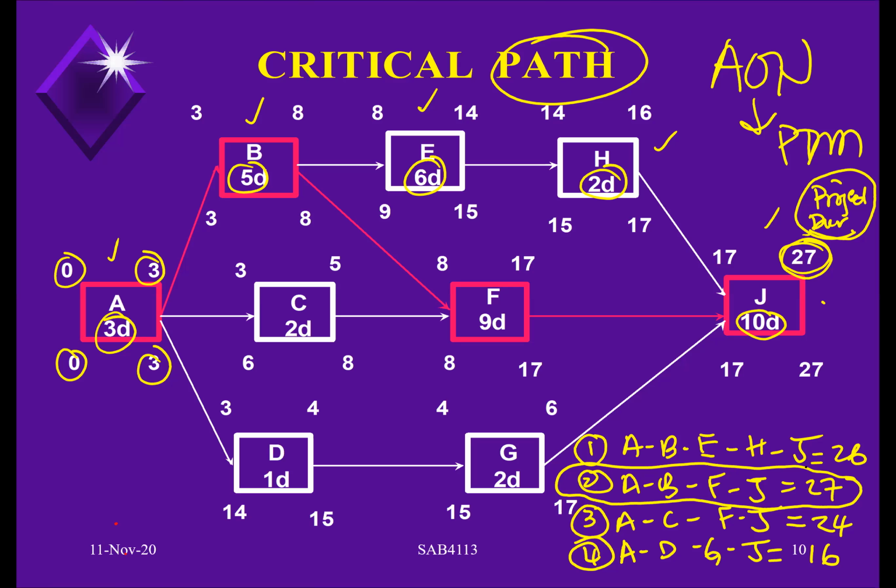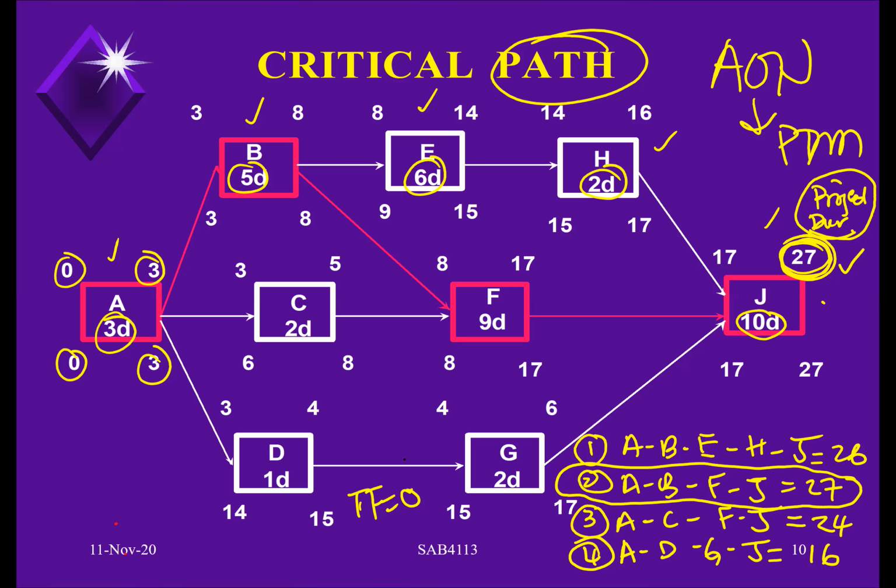And why do we call that the critical path? Because that path determines the project duration date. You see? That's why it is critical. It is critical when the total float, another terminology, we call it TF, is equivalent to 0.